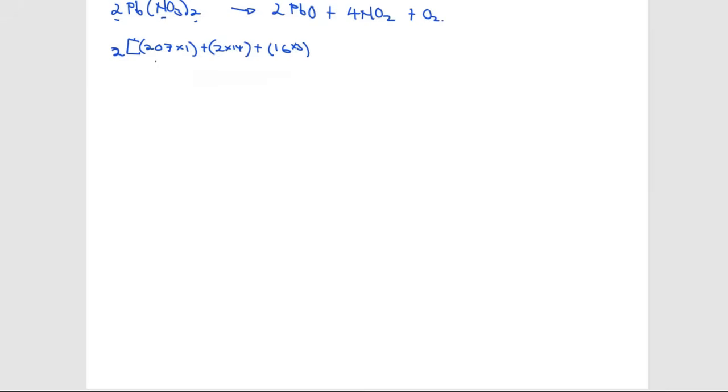Now I'm going to say this is equivalent to, on the other end, a square bracket, then 2 PbO, so 2 multiplied by 207 plus our oxygen, which is 16.